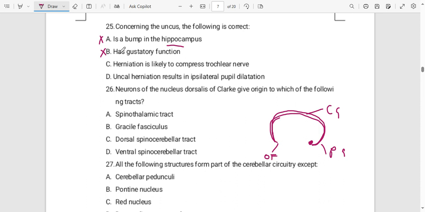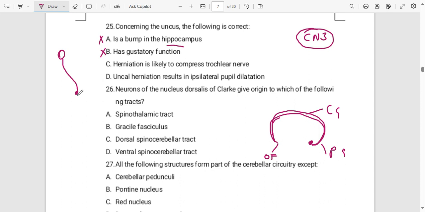It's very near to the nucleus of cranial nerve number 3. So if there is any herniation of this, it's going to compress the cranial nerve number 3 nucleus. Remember, cranial nerve number 3 is involved in eye movement and the change in size of the pupil, oculomotor. I want us to be really reminded of this. When you have your eye, the optic nerve goes to its nucleus.